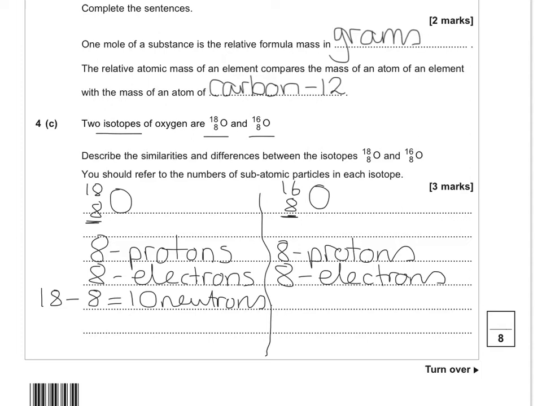If you change the number of protons, you will have a different element. So even isotopes need to have the same number of protons. It's only the neutron number that differs with isotopes, as we'll see now when we calculate this. We've got 16 and we minus 8 protons, which equals 8 neutrons.